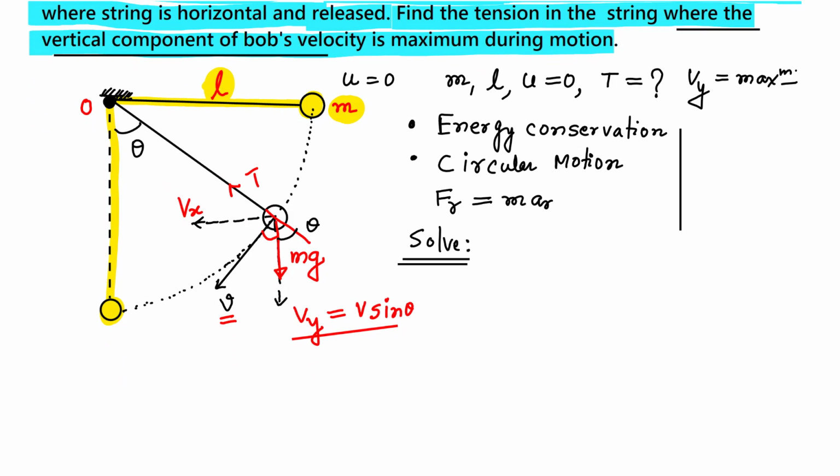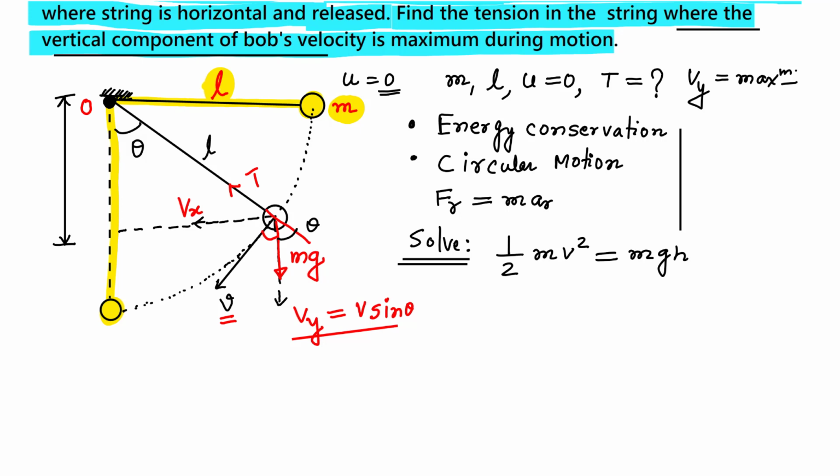First we will write the energy conservation equation, that is, gain in kinetic energy is equal to loss in potential energy. Initially zero velocity and finally v velocity, so the gain in kinetic energy is half mv square. And the loss in potential energy is mgh, where h is this distance.